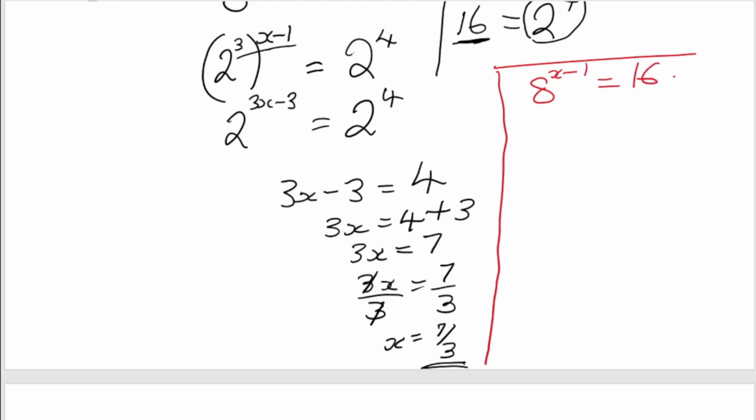We are only going to concentrate on this side and see whether we can prove the other side. So we have 8 to the power 7 over 3 minus 1. We can write 1 as 1 over 1, so we have 7 over 3 minus 1 over 1.